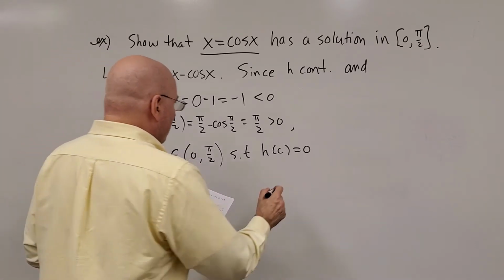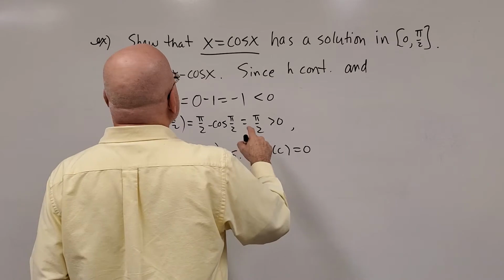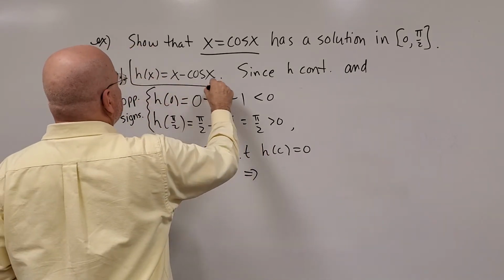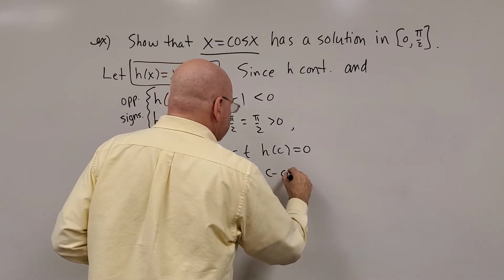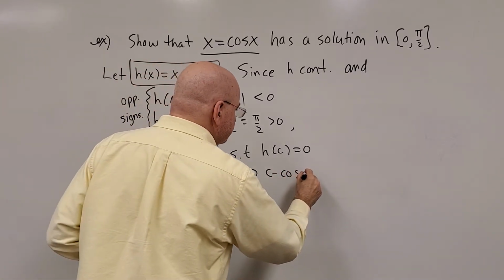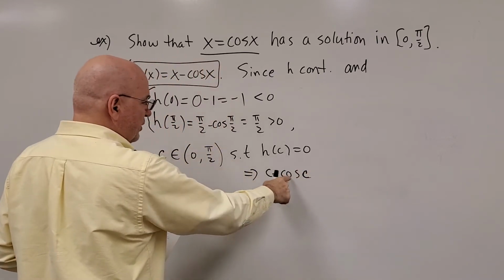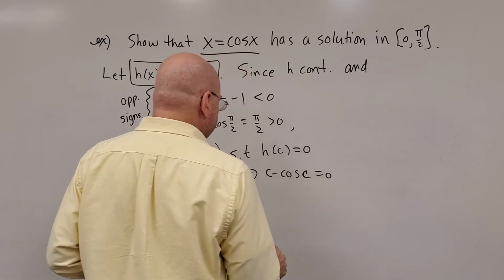Okay? Well, what does that imply? H of c, where's h defined? Right here. H of c would be c minus cosine c. And that equals 0.